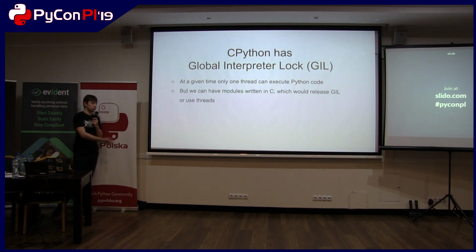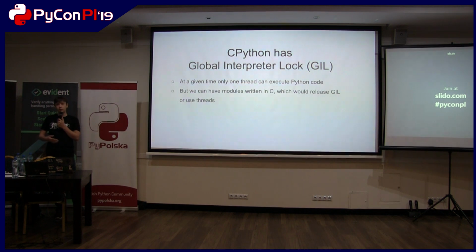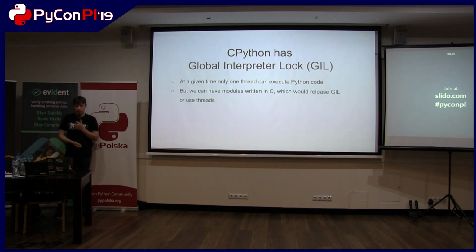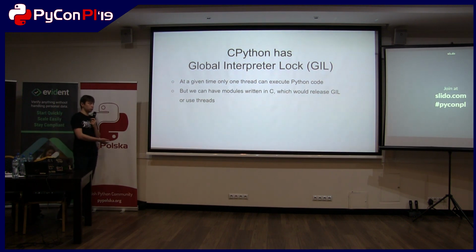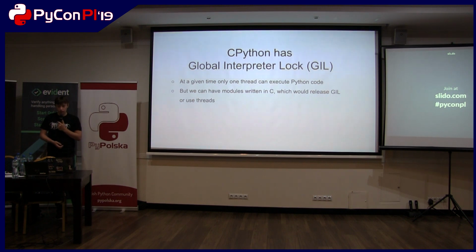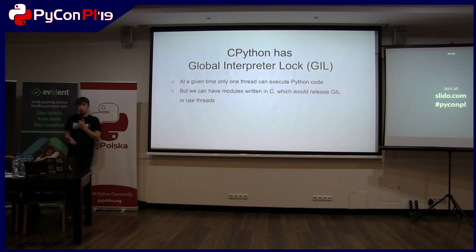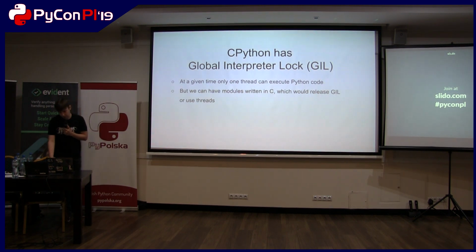So you might actually launch threads in Python, but those threads might not be that efficient because of the GIL. But the program might be efficient enough, depending on what you actually do. Yet it's still a problem. You can also have some modules written in C that either use threads or release the GIL as well, like NumPy.